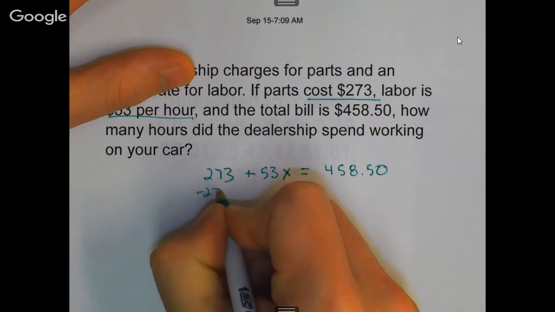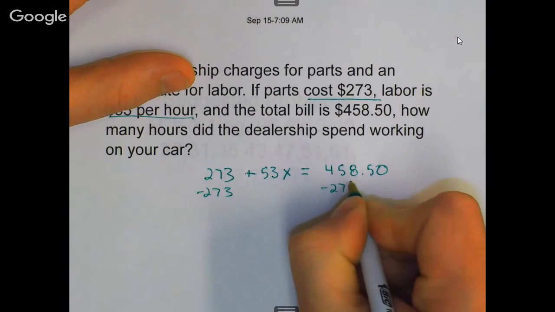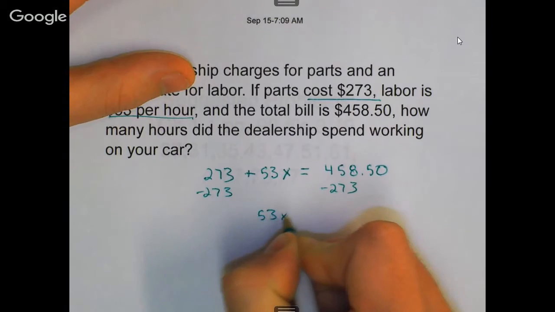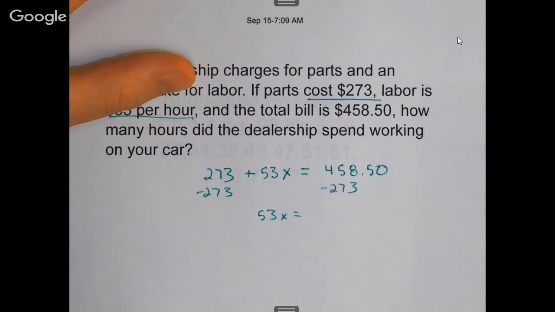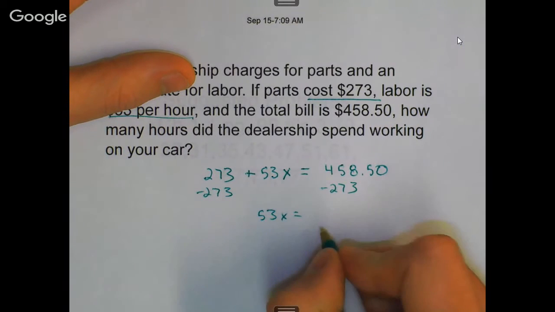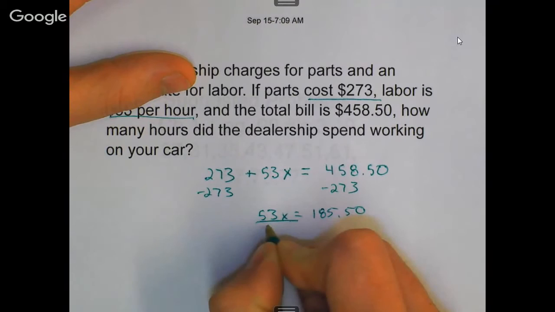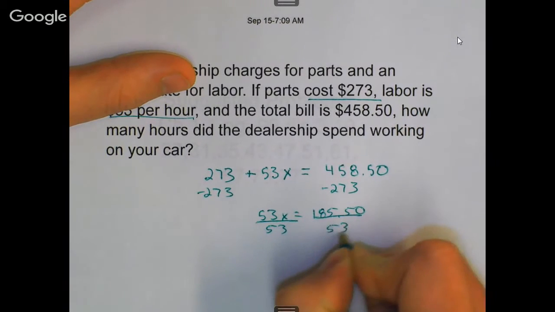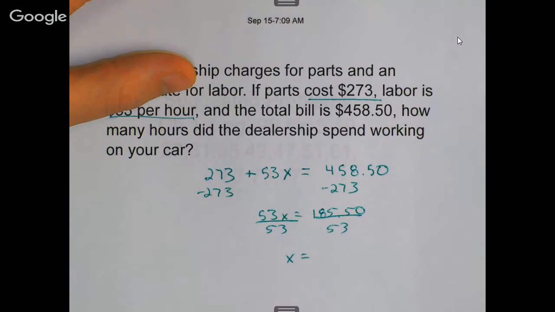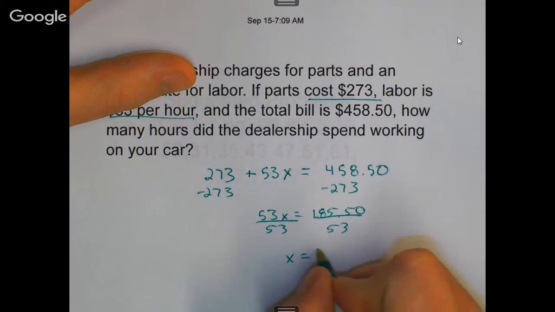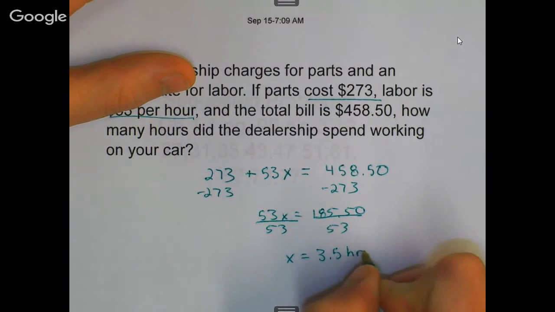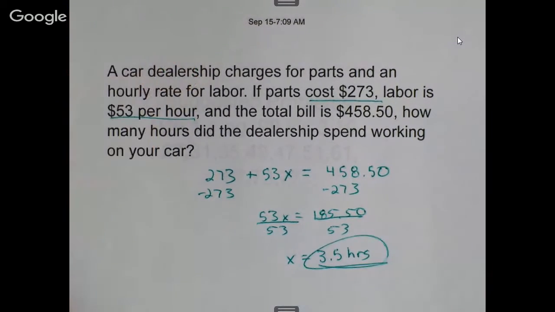So minus 273, minus 273, 53x equals, let's see, 458.50 minus 273, 185.50 divided by 53. x equals 3.5 hours. So he worked 3.5 hours.